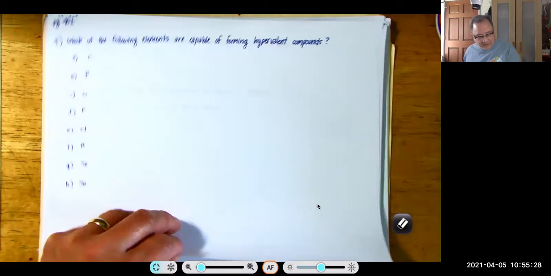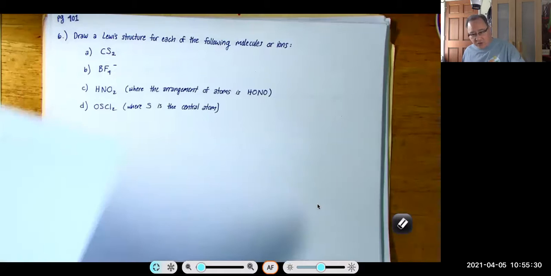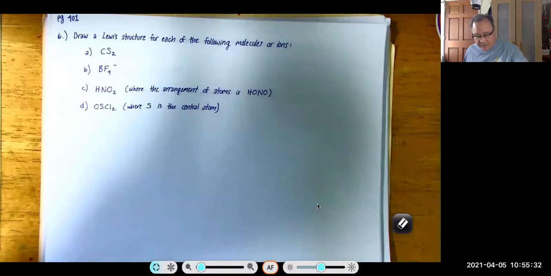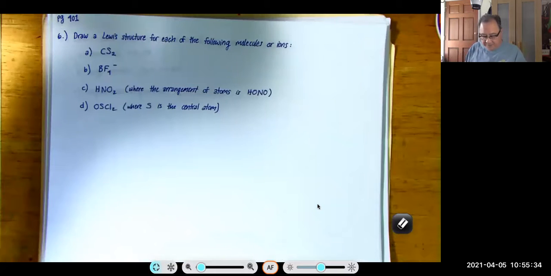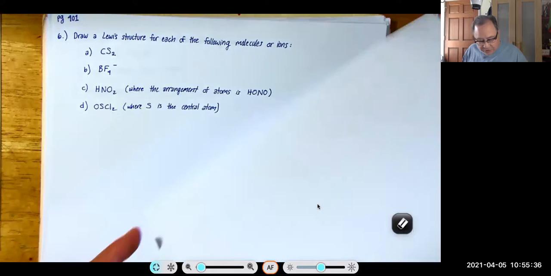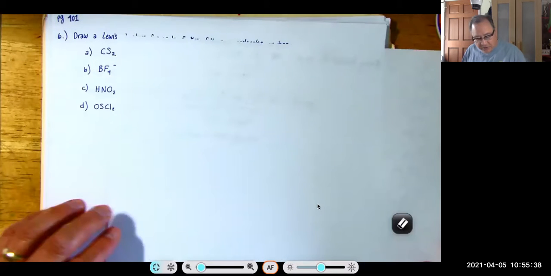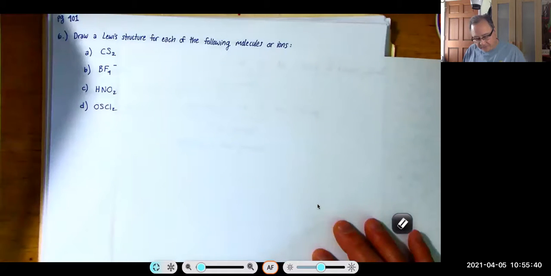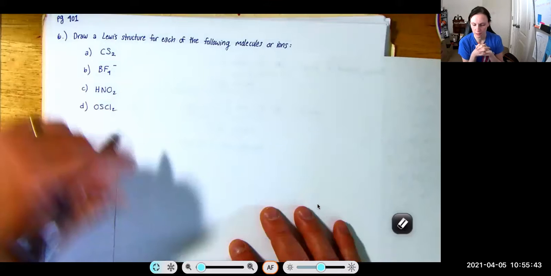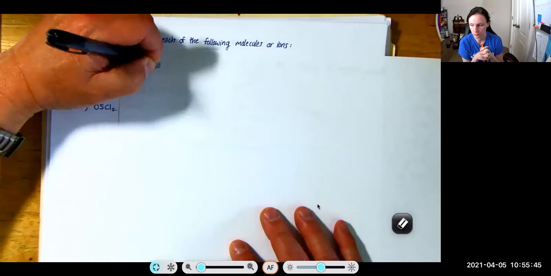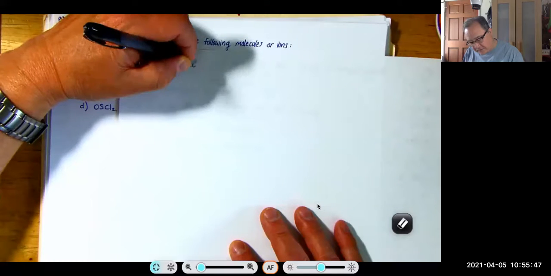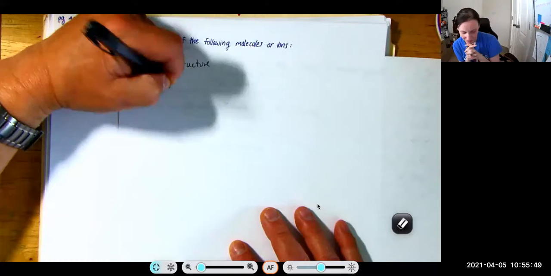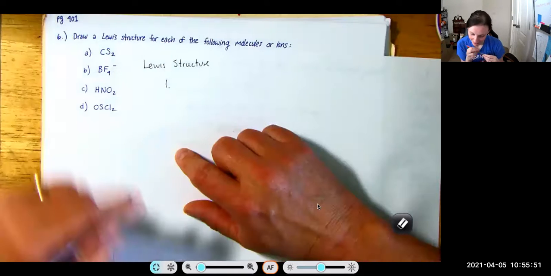Let's take a look at number 6. Draw the Lewis structure for each of the following molecules or ions. So do you remember the rules for getting the Lewis structure? Yeah, carbon is usually center. Well, that's all I remember. The first thing you do is you count valence electrons.